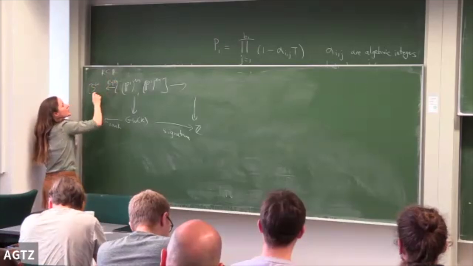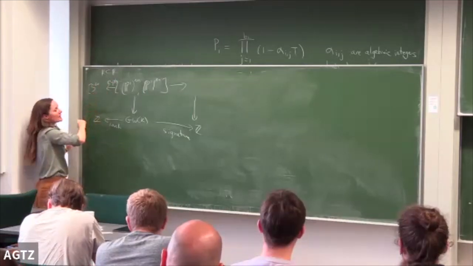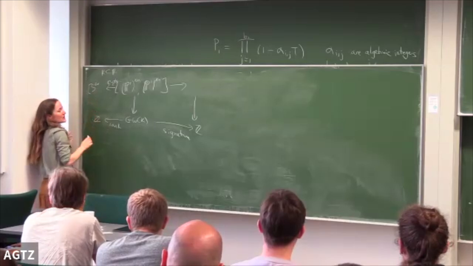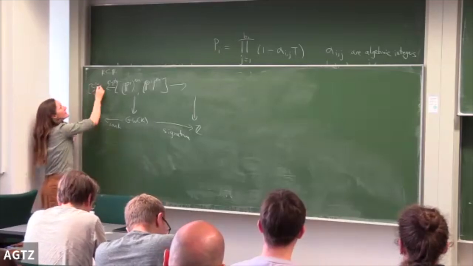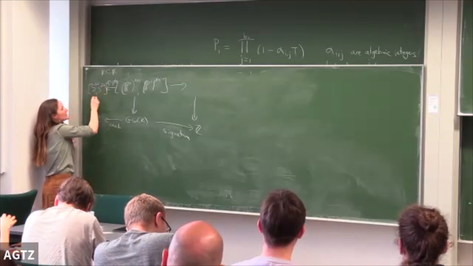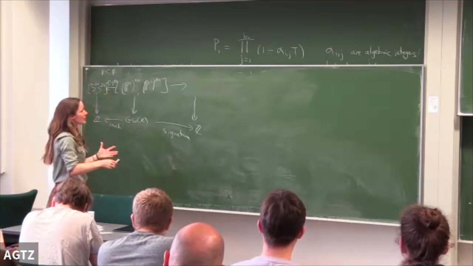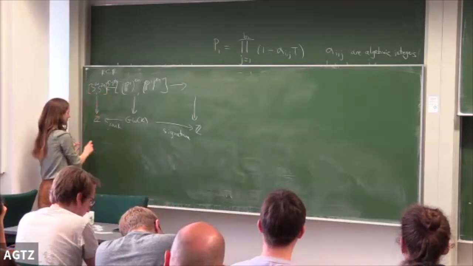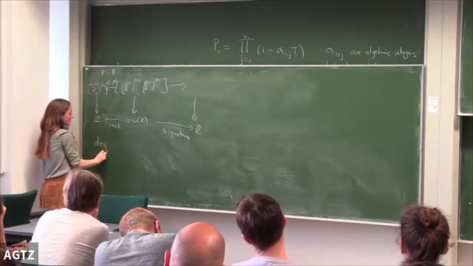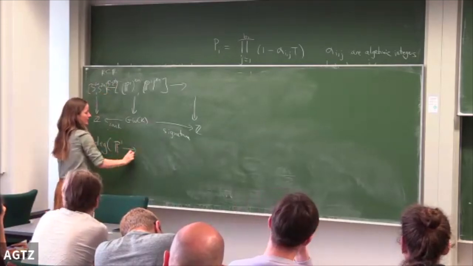And so the degree of the Qth power map on P1 is going to have rank Q and signature 1 when Q is odd. And it has to be a bunch of 1s and minus 1s because everything's smooth and proper over Z.